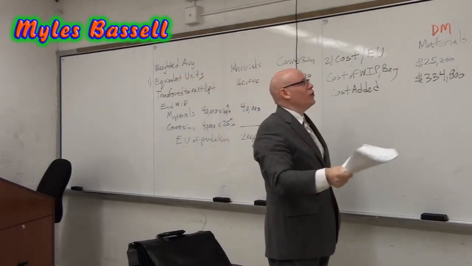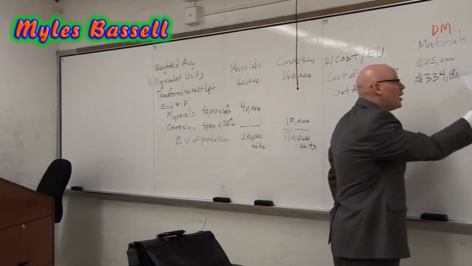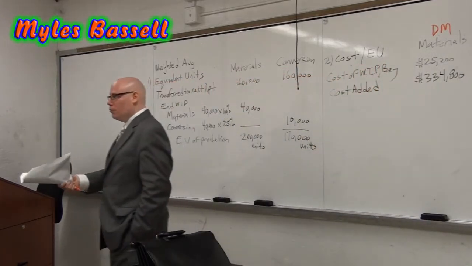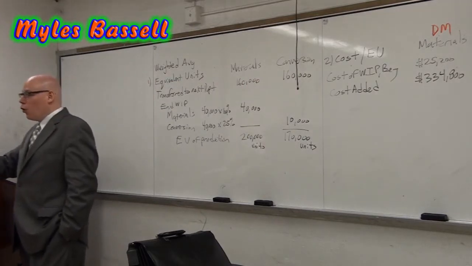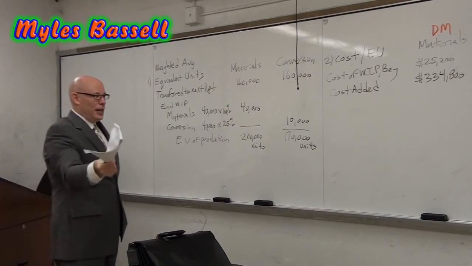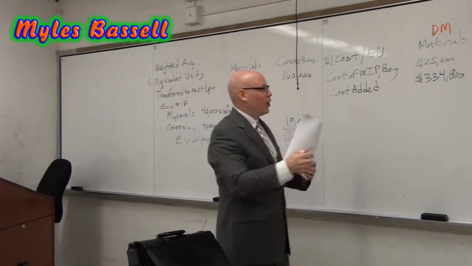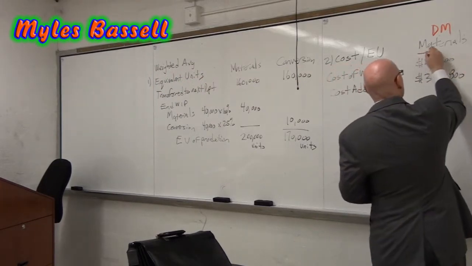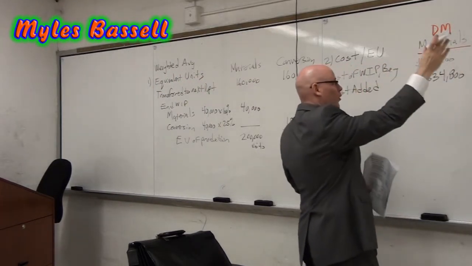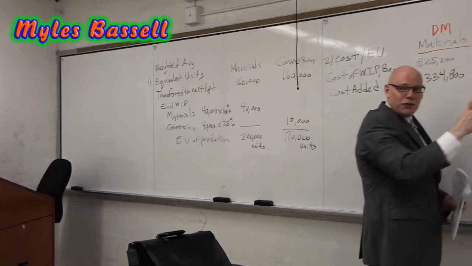And what is that cost? Well, in order to convert the direct materials, you've got to use labor, and you can also incur some manufacturing overhead, which we said is indirect labor and indirect materials. So that's what we're looking at here. Same thing as when we did the schedule: direct materials, direct labor, manufacturing overhead.